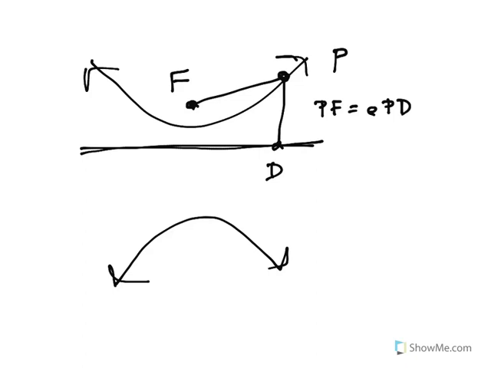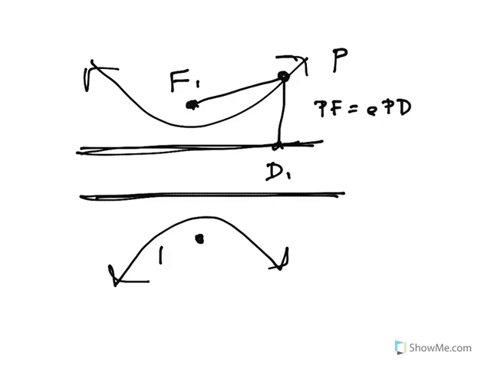Now, if I just had the hyperbola with no focus and directrix drawn in, this could be the focus and directrix, or maybe the focus and directrix is underneath. It would be the same 2 branches of the hyperbola regardless. So I'm going to call this F1 and D1, and I'll call this F2, and this point over here D2.